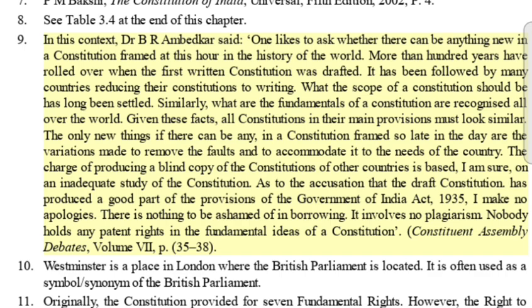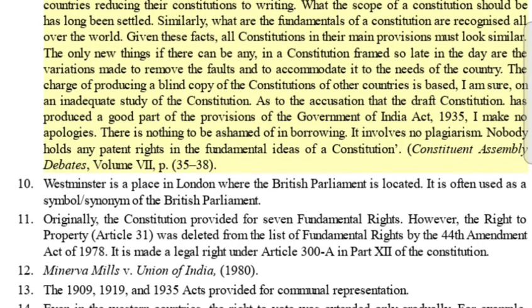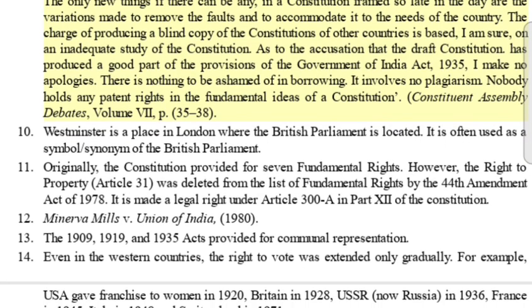The charge of producing a blind copy of the constitutions of other countries is based, I am sure, on an inadequate study of the Constitution. As to the accusation that the draft Constitution has produced a good part of the provisions of the Government of India Act, 1935, I make no apologies. There is nothing to be ashamed of in borrowing. It involves no plagiarism. Nobody holds any patent rights in the fundamental ideas of a constitution."